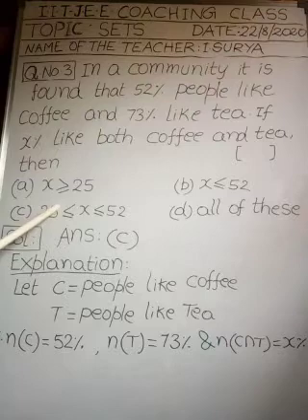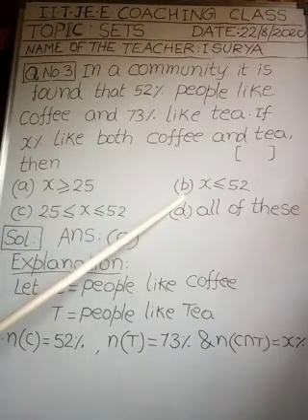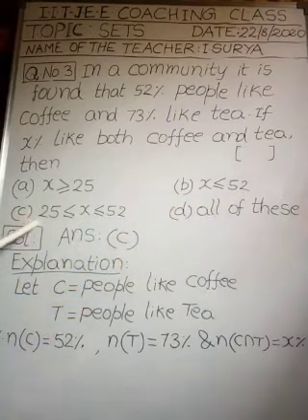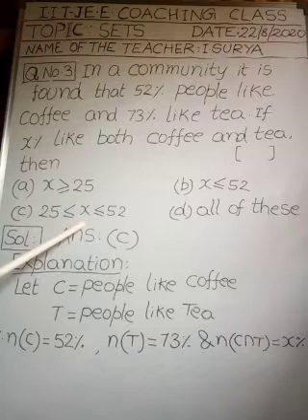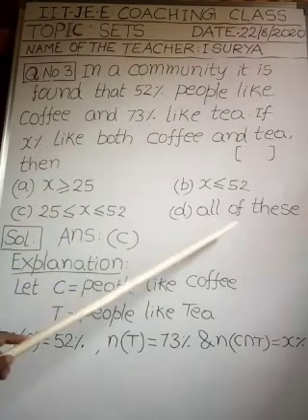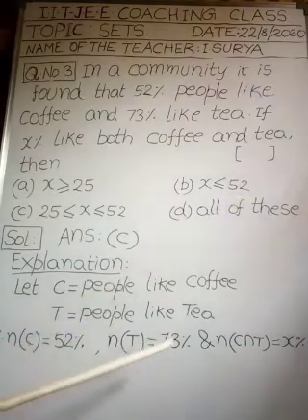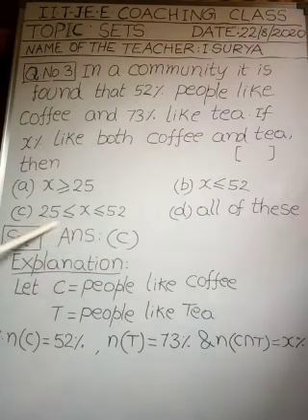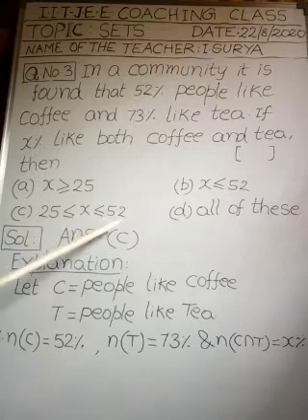First option, X is greater than or equal to 25. Second option, X is less than or equal to 52. Third option, 25 is less than or equal to X less than or equal to 52. And the fourth option, all of these. Out of all these four options, the third option is correct.